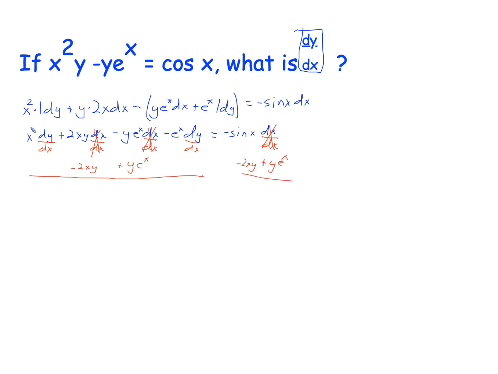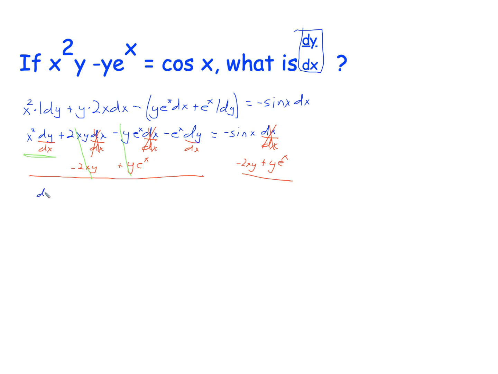So you can save some time by doing things a little bit differently. Now notice that we have x squared dy dx. So these are gone, gone, gone. Minus e to the x dy dx, so we can actually factor out the dy dx.